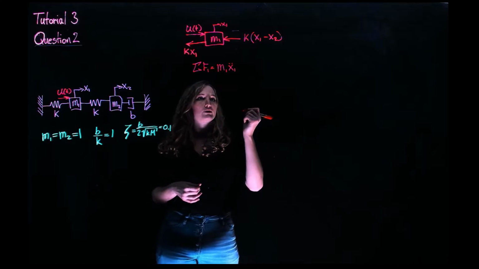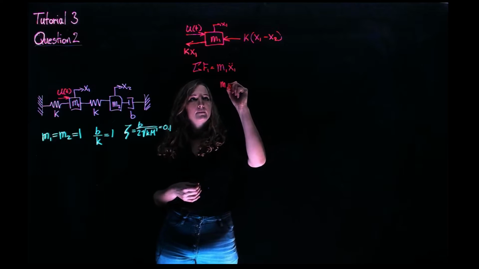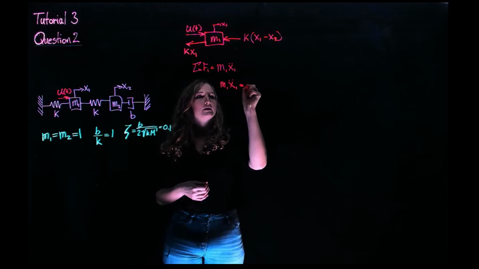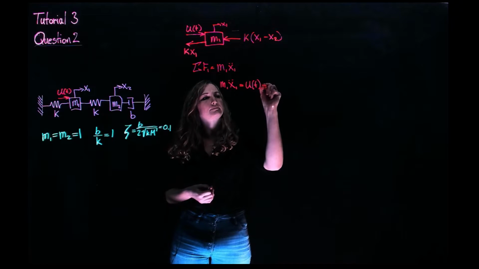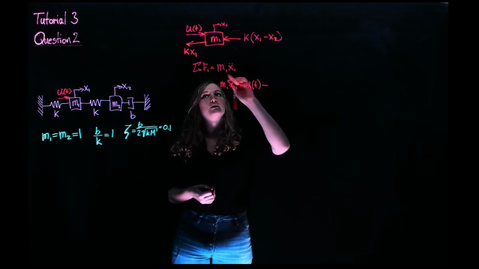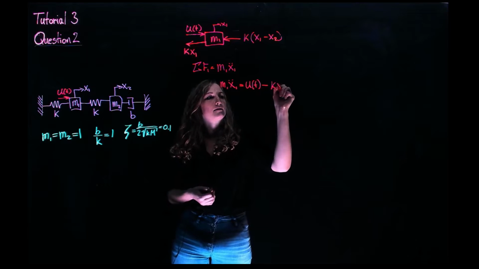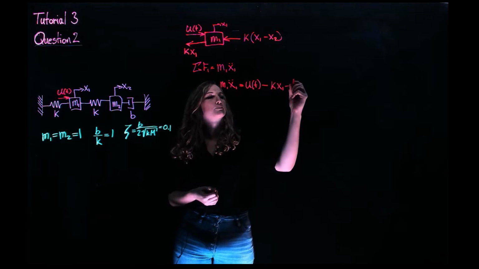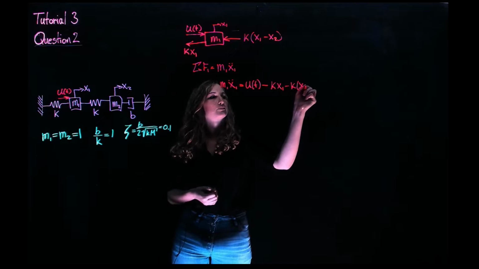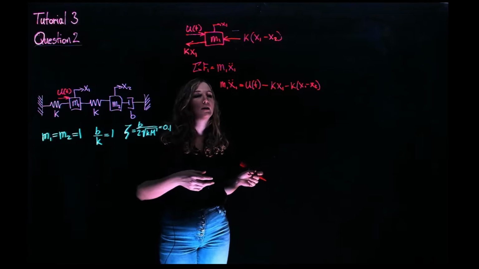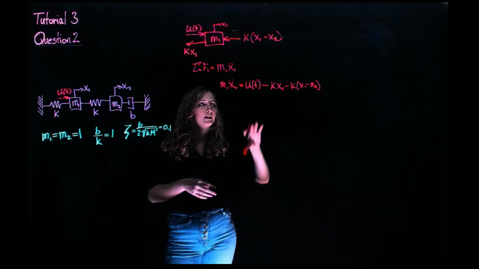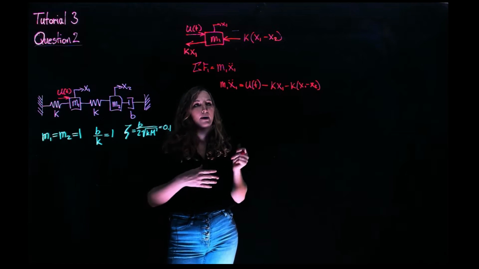So x1 double dot is going to be equal to our input force u of t minus our spring force, k x1, minus this spring force, k times x1 minus x2. All right, we're just going to continue on with that, and we'll do the second mass in a second.